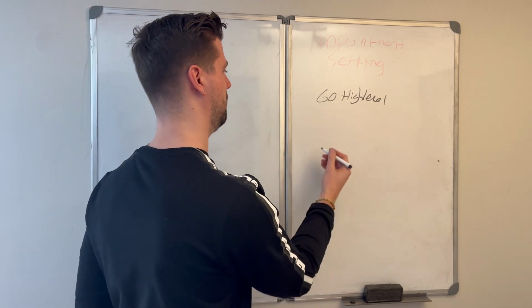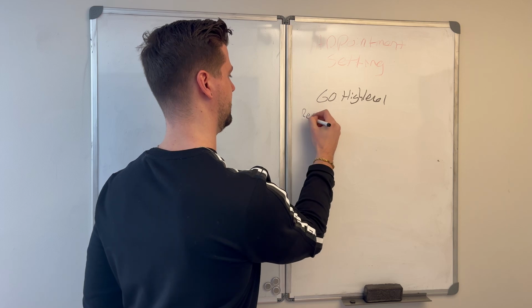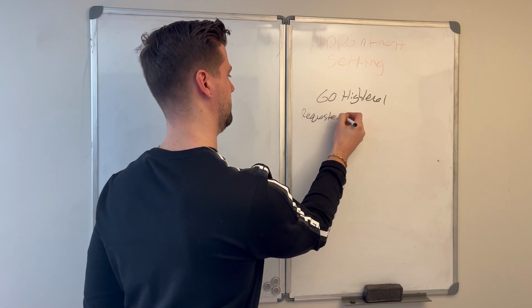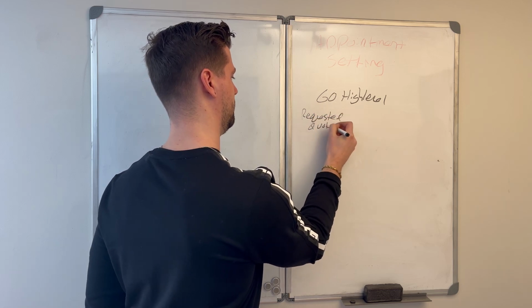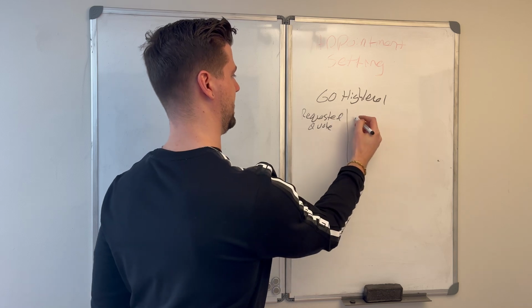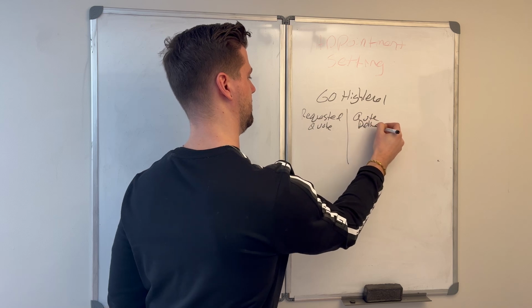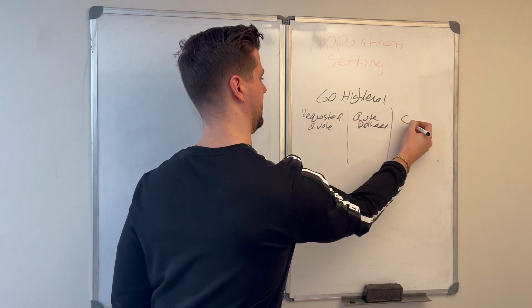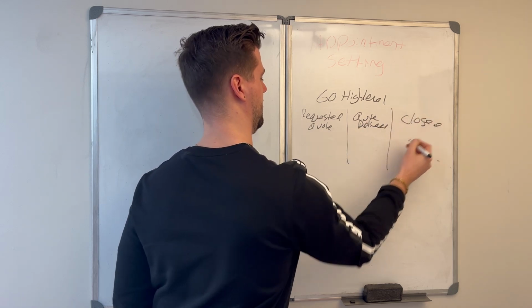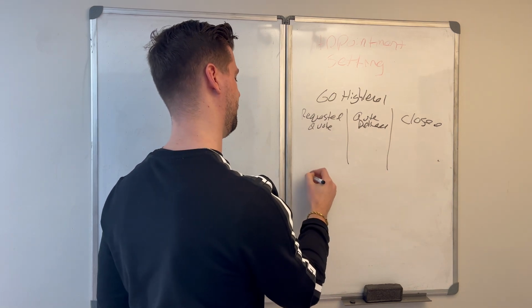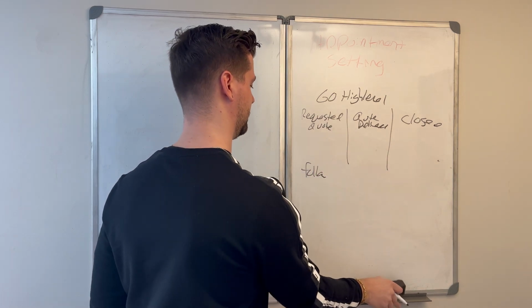Let's say you have one section for requested an estimate, so requested quote. Then maybe another section that says quote delivered. Then another section that's job closed. And then another section that's follow up, et cetera, right?